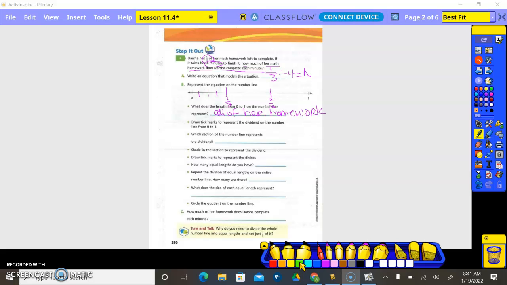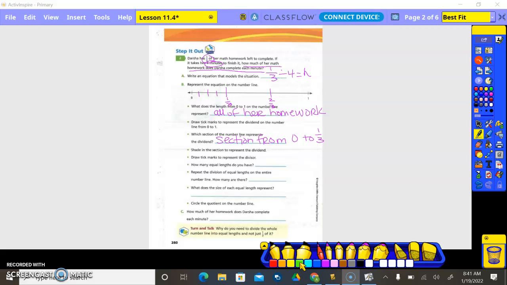Okay, so the 1 whole represents all of her homework, but we only needed to represent 1/3 of it, right? So which section of the number line represents the dividend? So we said the section from 0 to 1/3, right? We said we didn't need to use the 1/3 past to 1.